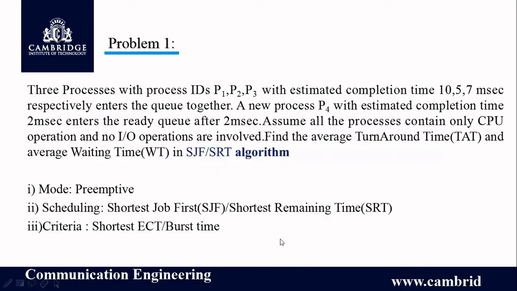Now let us take problem 1, which is based on the SJF or the SRT algorithm. We are going to solve this particular problem. The problem statement goes like this. There are three processes with process IDs P1, P2, P3 with estimated completion times, ECT, of 10, 5 and 7 milliseconds respectively, and they enter the queue together, which means the arrival time of all three processes is the same.